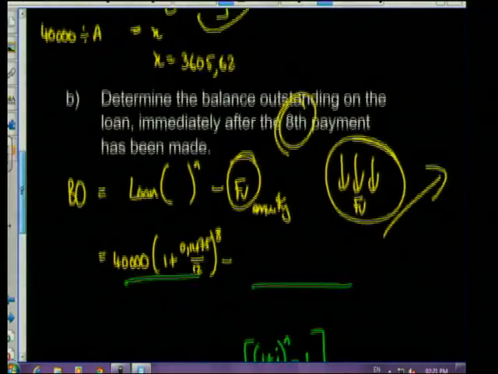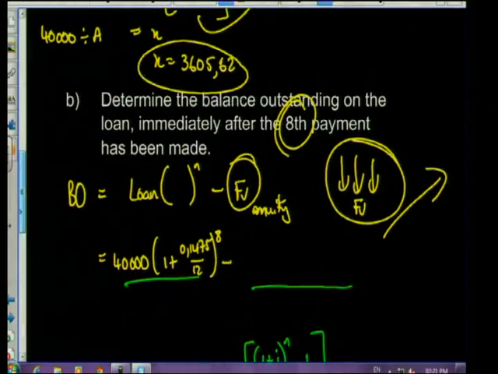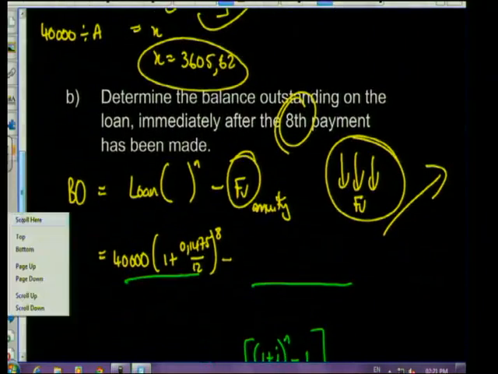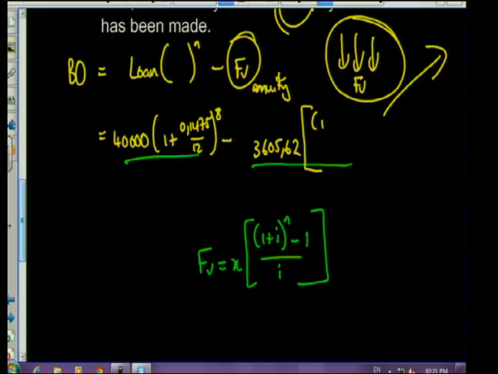So now I needed to know the balance outstanding based on the installment we created earlier. The installment amount was 3,605 and 62 cents. And then let's go and say 1 plus the interest rate. Let me just clear up a bit of space above here.